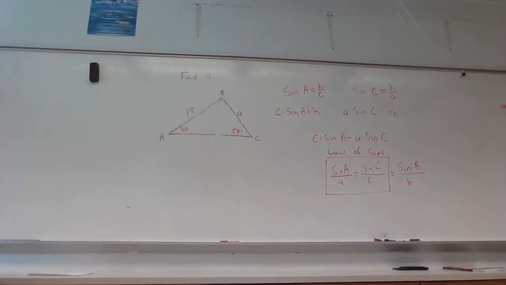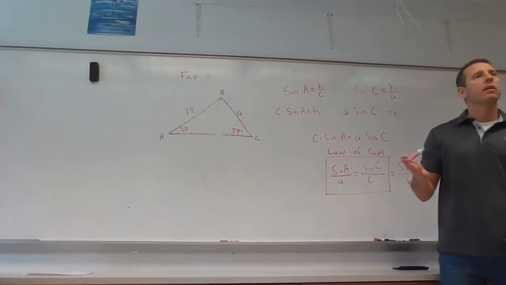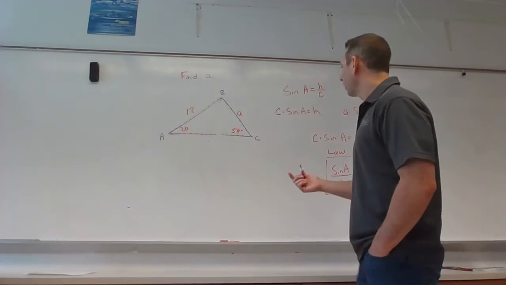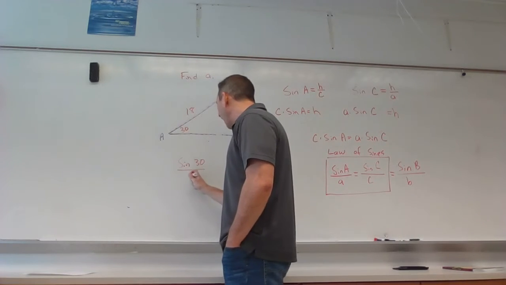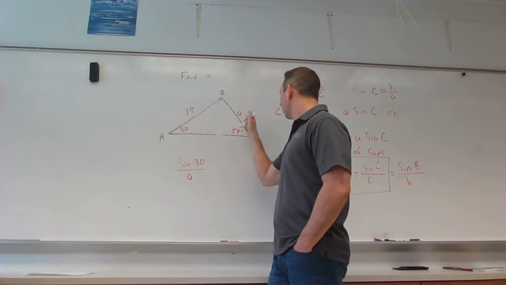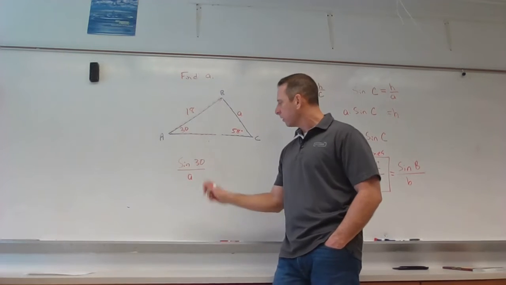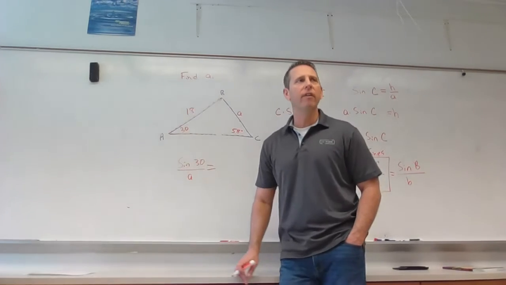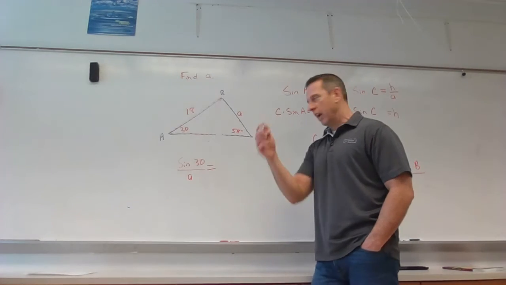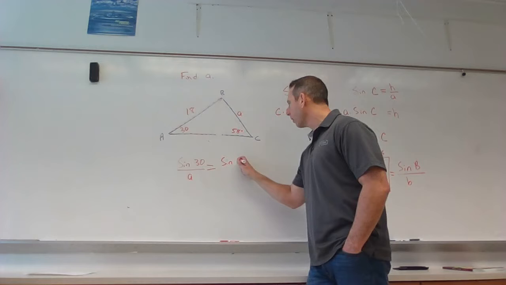Give me a ratio. Sine of what? Shahan? Sine 30 over A. Sine of this angle over its opposite side equals, now let's create a proportion. Sine of 58, and what does that go over?